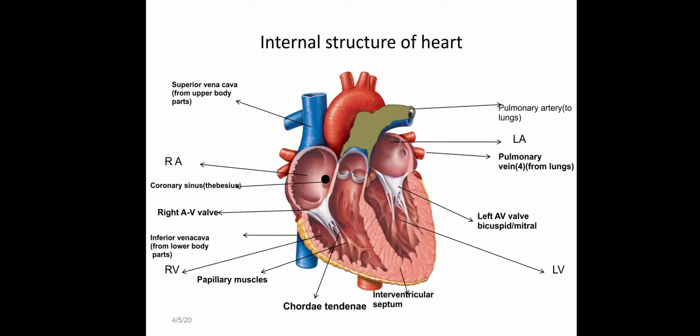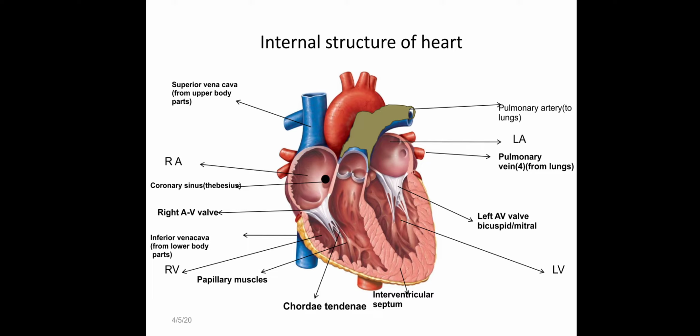Okay, now what will happen? Now the blood has reached from the right atrium into the right ventricle, and from the left atrium into the left ventricle. Now from the right ventricle, the blood has to be pumped outside into the pulmonary artery. The pulmonary artery arises from the right ventricle and sends the deoxygenated blood into the lungs.